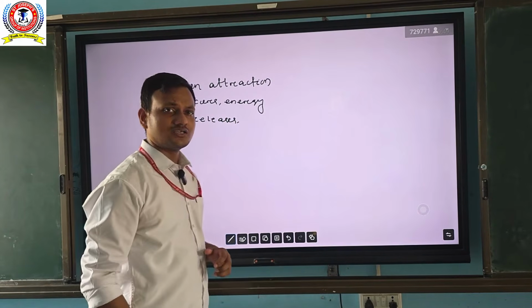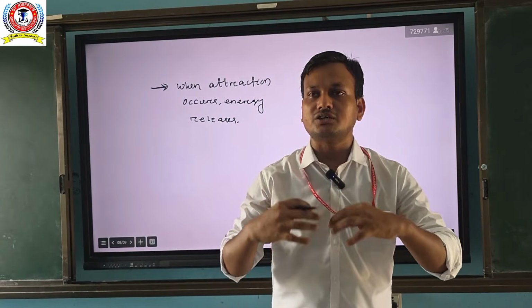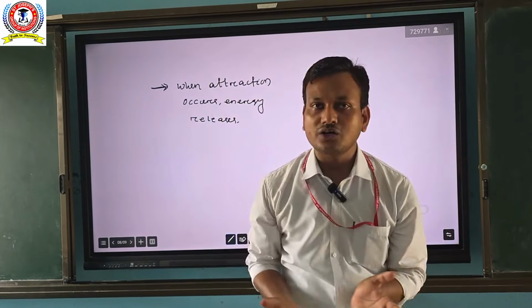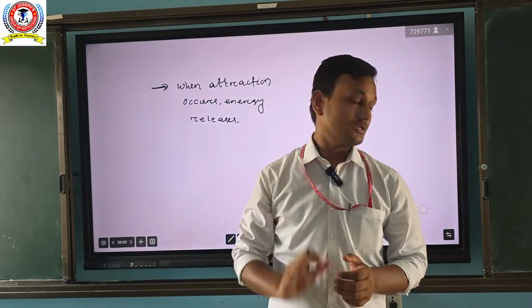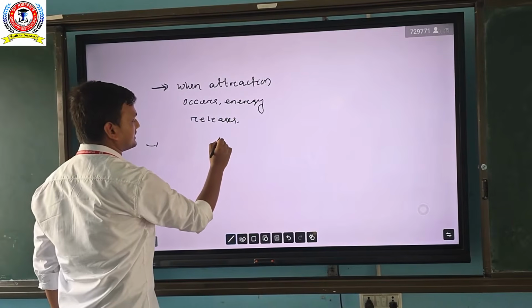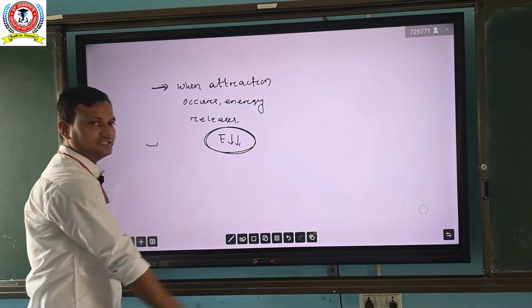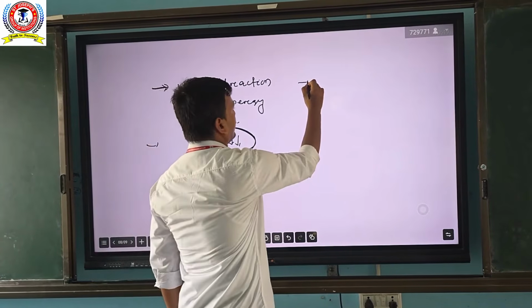And suppose this is a system, when the body loses its energy, that means the total energy of the system decreases. That means when attraction occurs, energy releases and the whole energy of the system decreases.